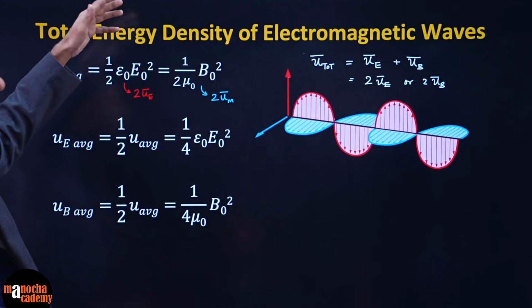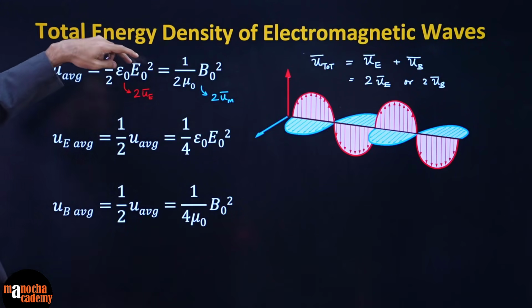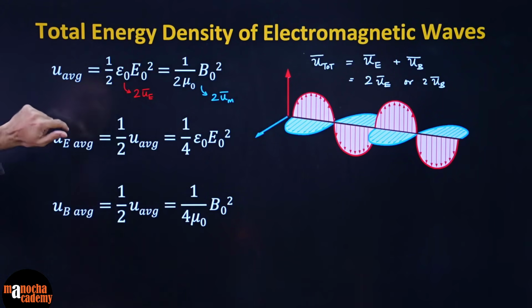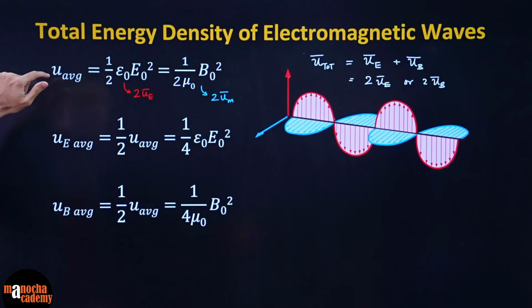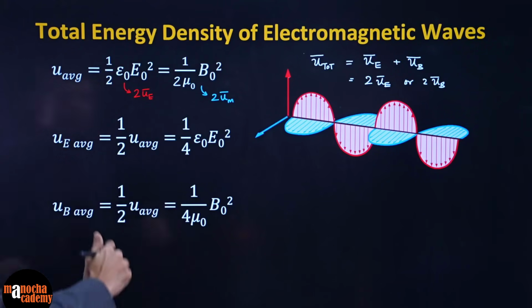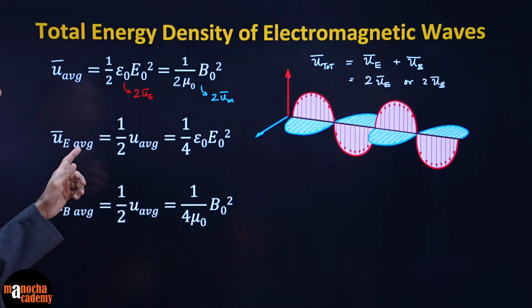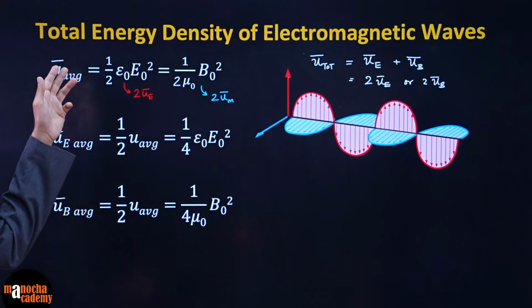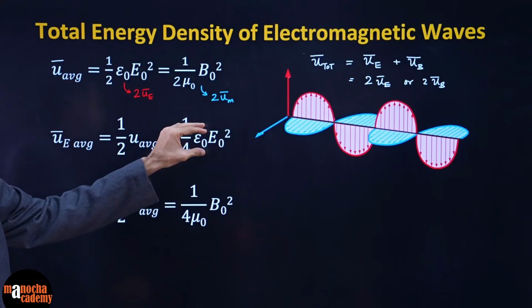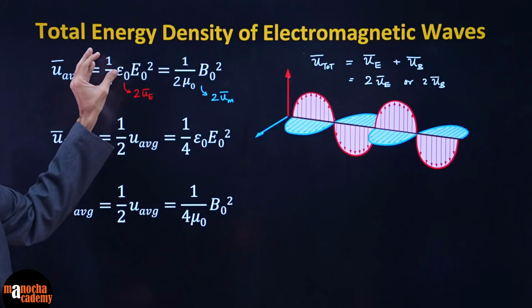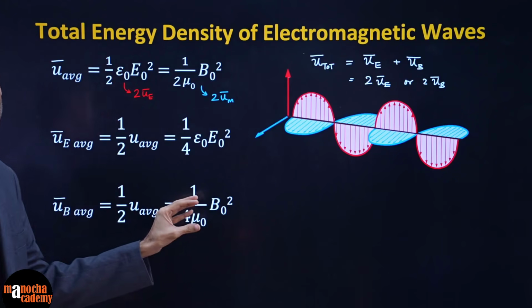So I just multiplied that original by 2, and these are written in terms of E naught and B naught. Here this is your total energy on the average, and the same way over here. Your average of the electric will be half of this, so 1/4 of that. Half becomes 1/4 here. In the same way, half of the total will be the magnetic.